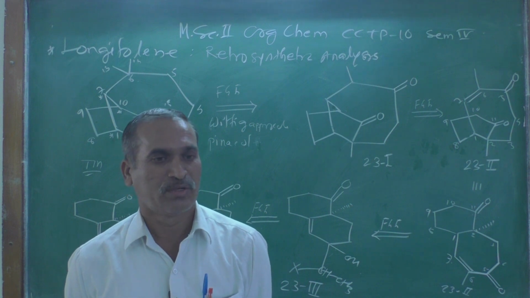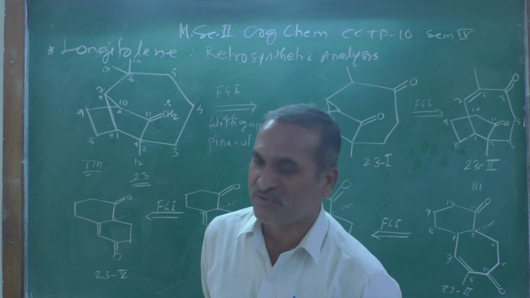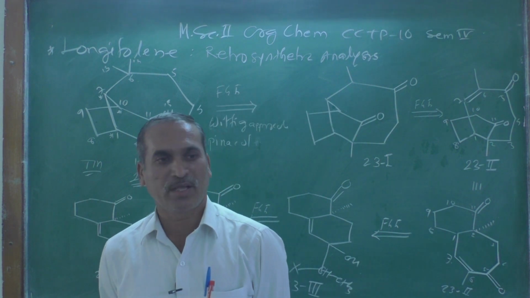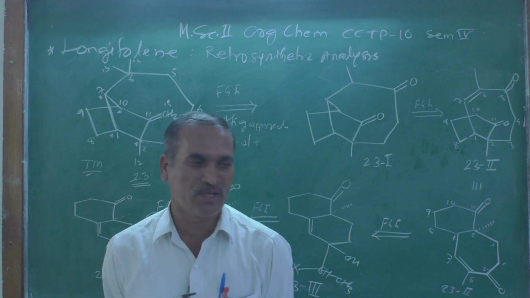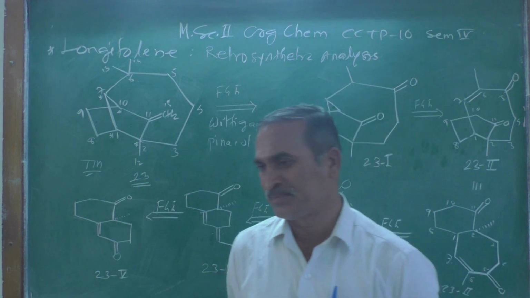Now one of these hydroxyl groups can be protected by different protecting groups, but here we can selectively use tosyl chloride in the presence of pyridine.